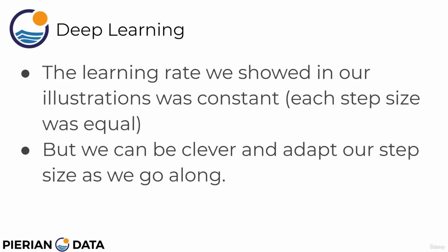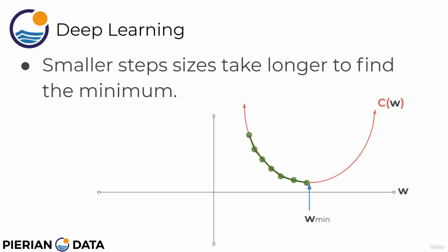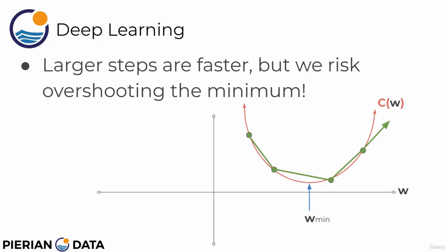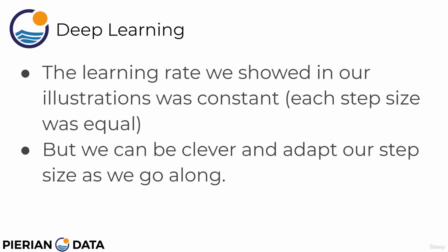Now, in those previous examples, something you should know is that the learning rate was constant. That is to say, each step size was equal. So regardless of whether we're looking at the smaller step sizes or the larger step sizes, the actual step is equal for all of these. Now, we can actually be a little clever and adapt our step size as we go along.